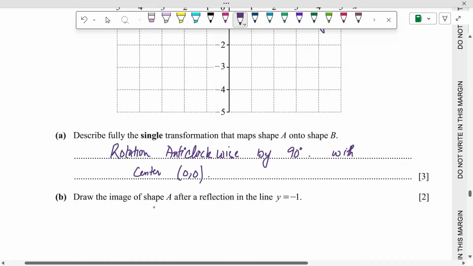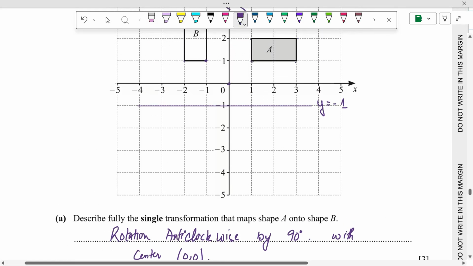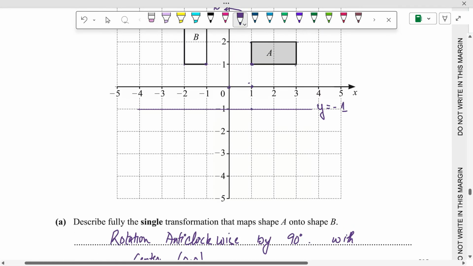Now we need to draw shape A after a reflection in the line y is equal to -1. Okay, this point is above the line y is equal to -1, 1 and this one is 2. So we have 1 and 2. This is a point. This point is 1, 2, 3. This point and this point. Similarly, 1, 2, this point.